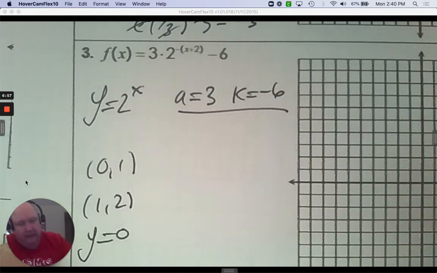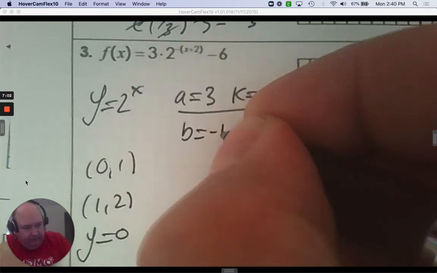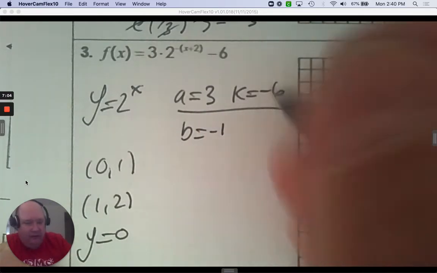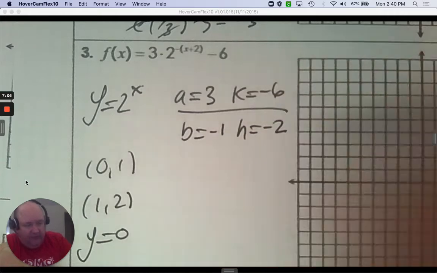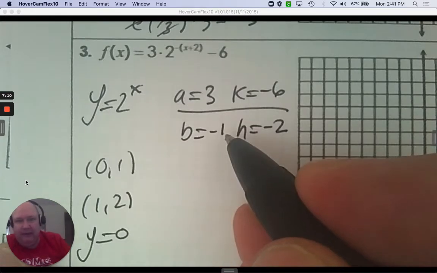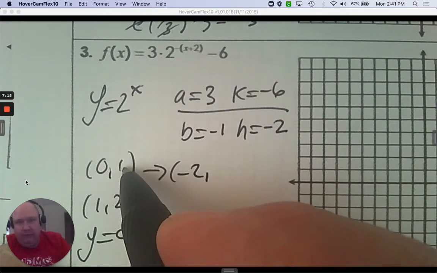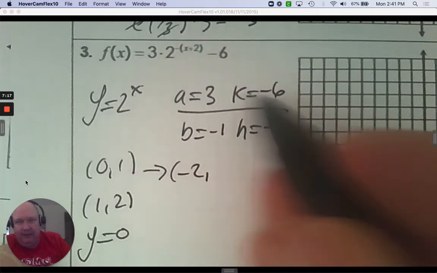That affects the y coordinate. B is -1, and h is -2. That affects the x coordinate. So to the x coordinate, we're going to divide by -1 and then subtract 2. To the y coordinate, we're going to multiply by 3 and then subtract 6.